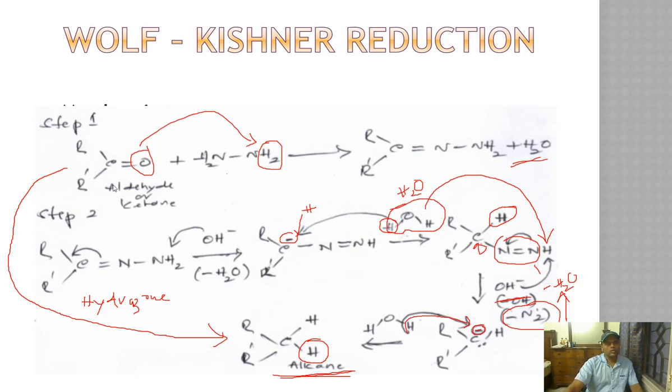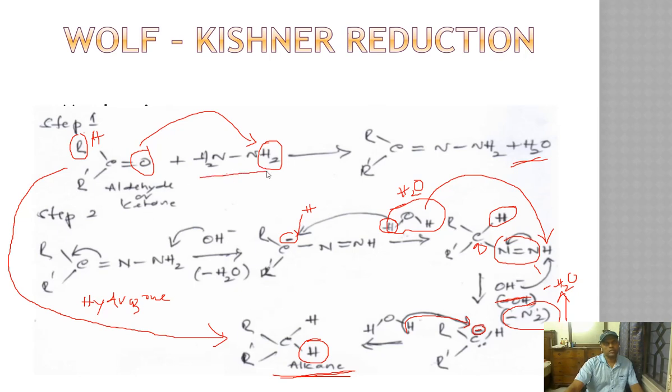So this is aldehyde, this is ketone. This is actually ketone. If one of R is H, then it is aldehyde. So the aldehyde or ketone can be converted to alkane using Wolff-Kishner reaction. So what is used in the Wolff-Kishner reaction? Hydrazine.